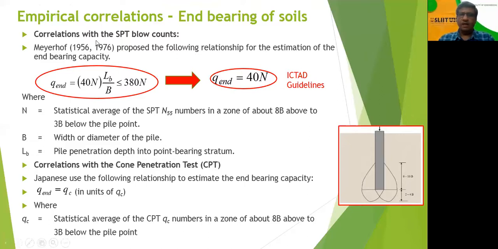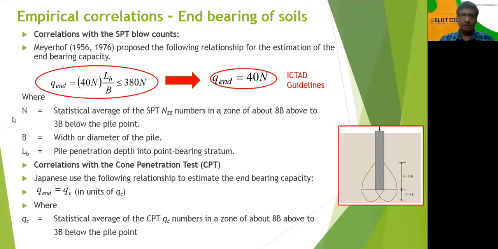Now the other generally widely used correlation for determination of end bearing is again proposed by Meyerhof. It says 40 times N, where N is the SPT N value, times Lb over B ratio. Lb is the length in the bearing strata divided by the width of the pile, right?